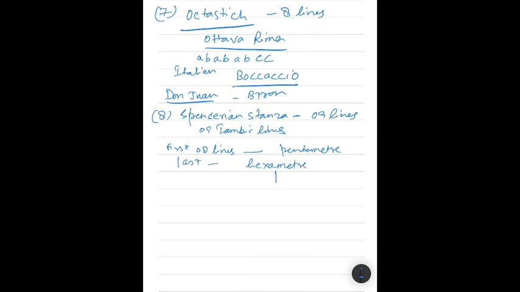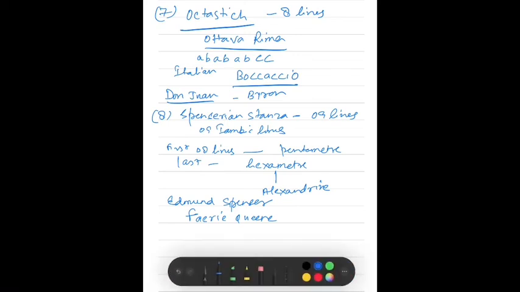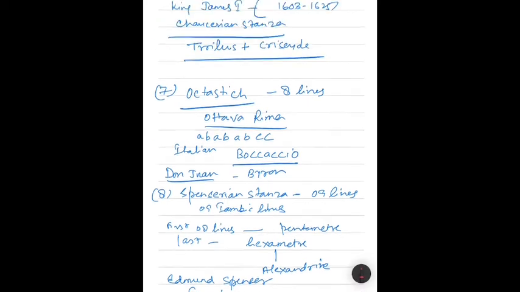Hexameter, which is generally called Alexandrine. The word is very popular. This verse form was created by Edmund Spenser, an Elizabethan writer. And he used this in his epic poem, Faerie Queene. So, these are the most popular stanza forms which I have just told you.